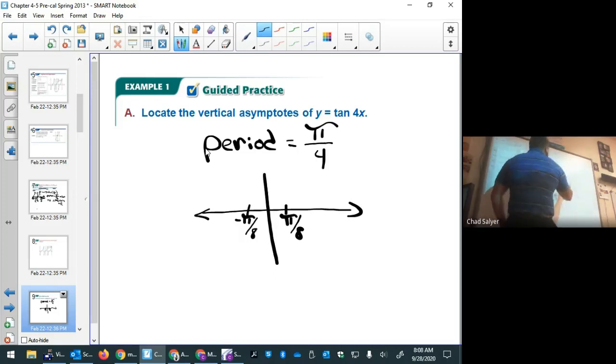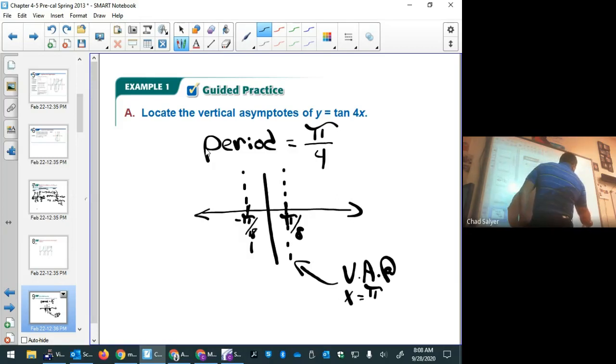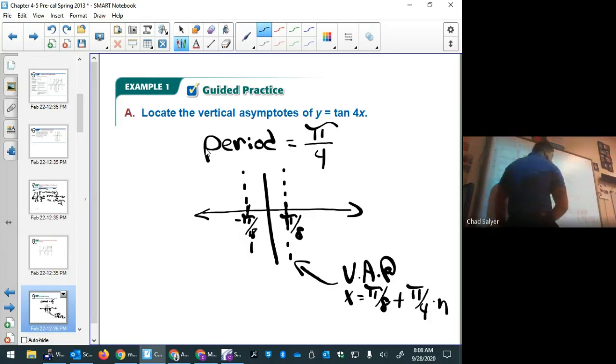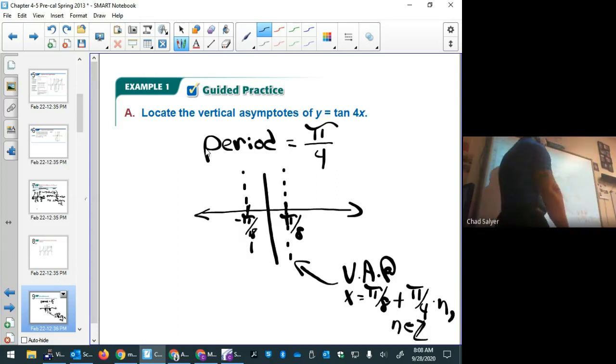So the asymptotes are going to occur at x equals pi over 8, and then plus the period, which is pi over 4, times n, where n is any integer.